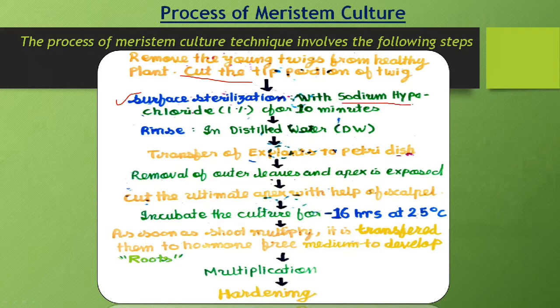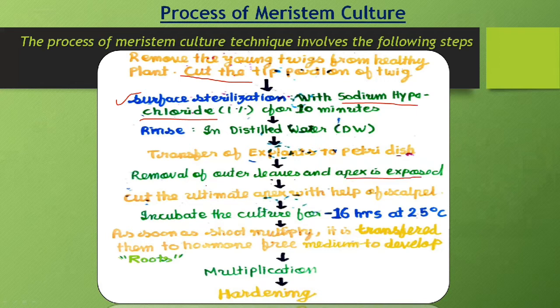Generally it is surface sterilized with 1% sodium hypochlorite for 10 minutes, and then the twig is rinsed with distilled water and transferred to the LAF for inoculation. The plant is transferred into the petri dish, and then the outer leaves are removed and the apex is exposed. Now we can see the apical meristem of the stem, and we have to carefully cut this apical meristem.